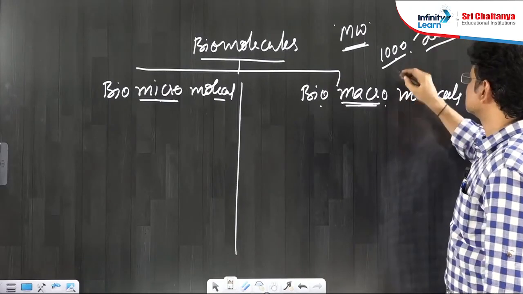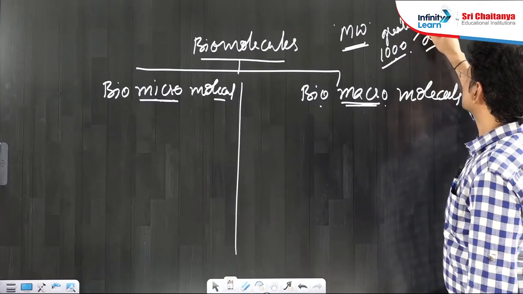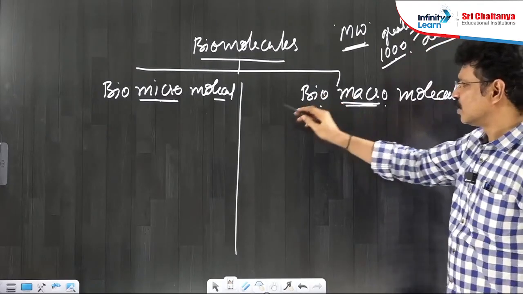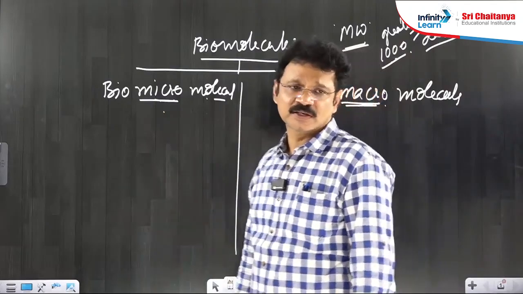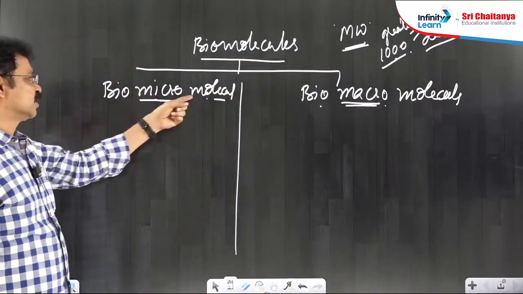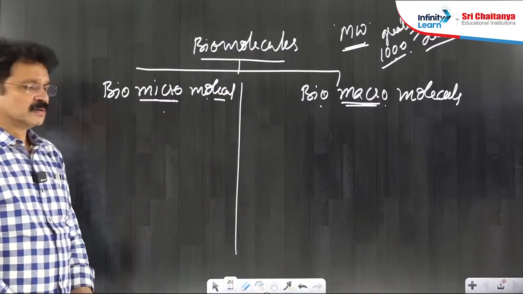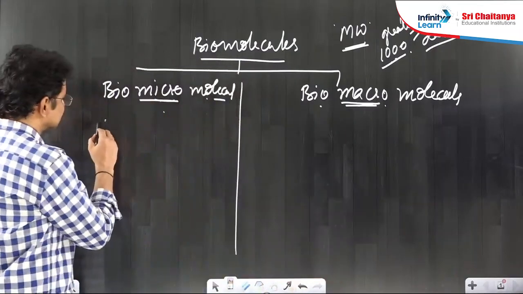Unit: Dalton. If the molecular weight of a biomolecule is less than 1000 Daltons, or around 18 to 850 Daltons, such are micromolecules.